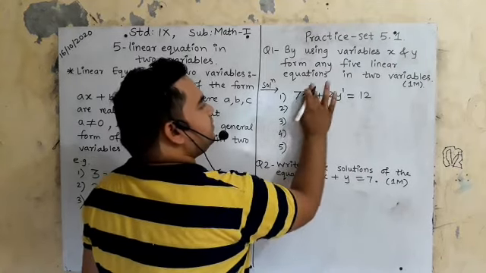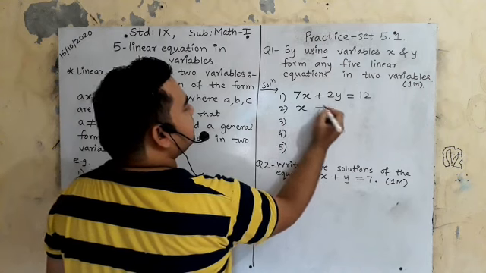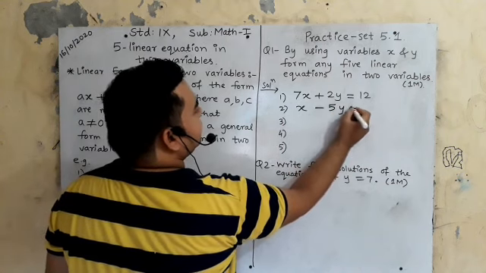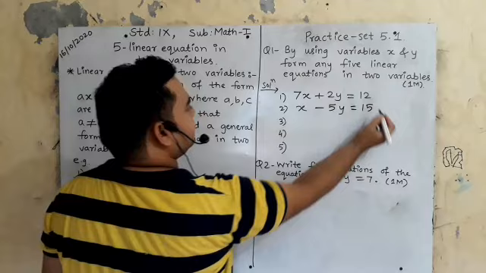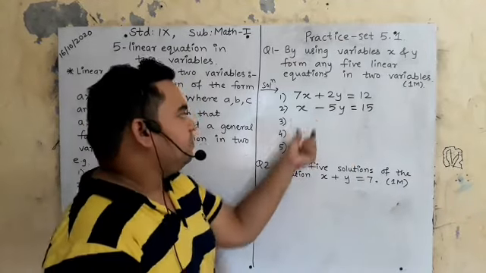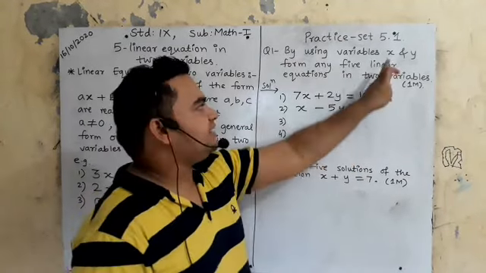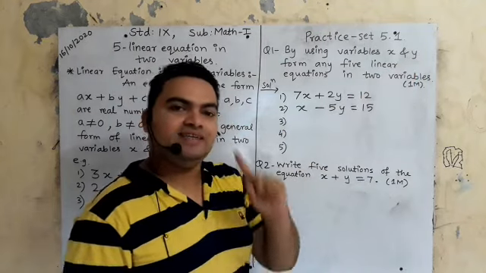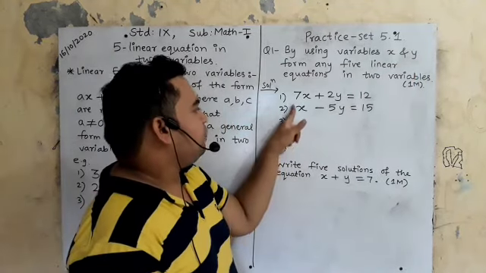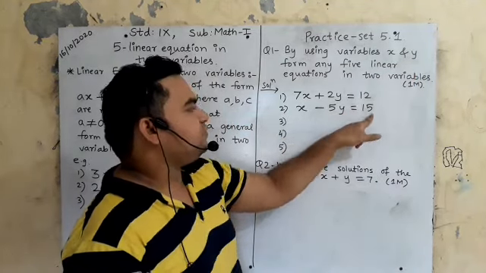Clear? Now see, the next, according to your choice, you can take any. See, x minus 5y is equal to 15. Any number you can write, but there should be two variables, and that is also x and y. Only x and y you will use. See, 1x minus 5y is equal to 15.